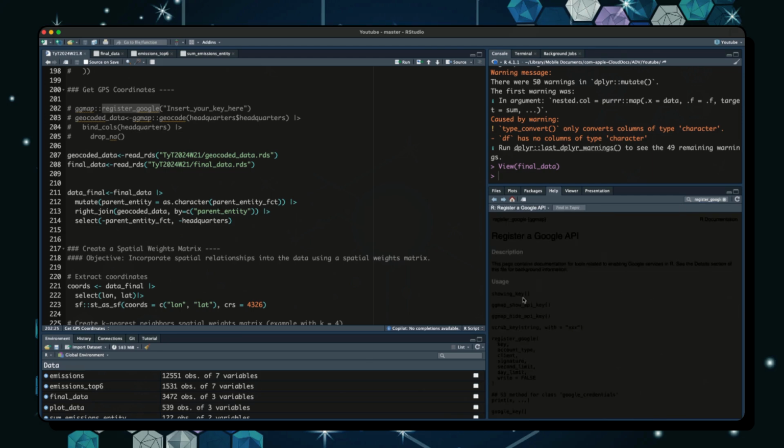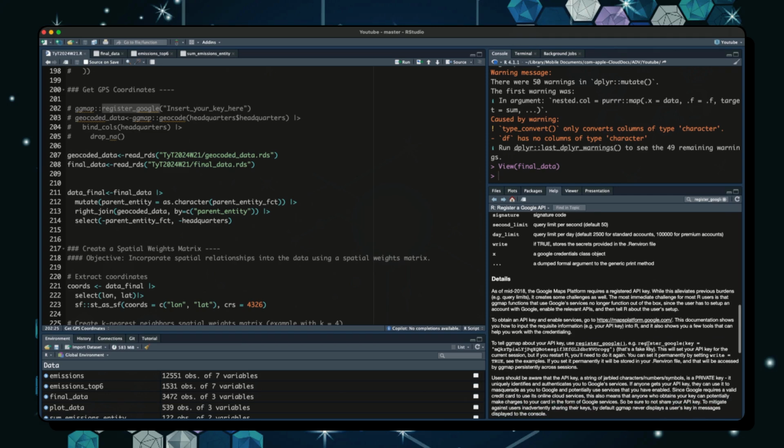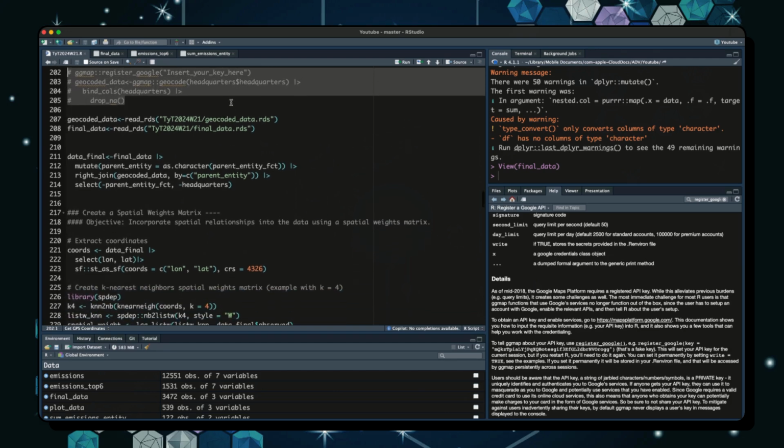So if you follow the steps here, you can find exactly the link that leads you to the step where you can create your API, insert your key here so you can register ggmap with your Google API, and the ggmap function geocode lets you extract the GPS location for each of your headquarters.